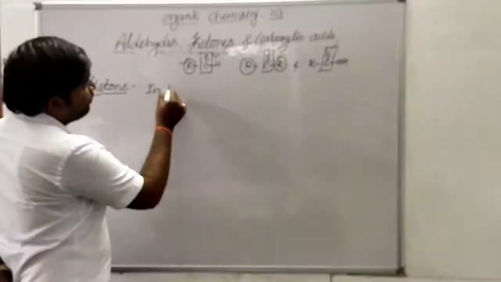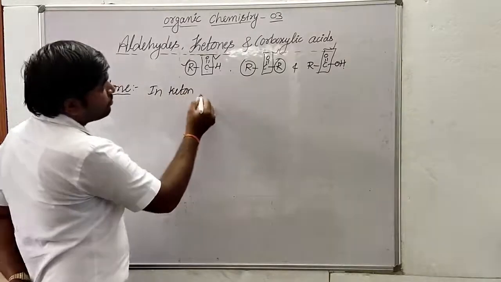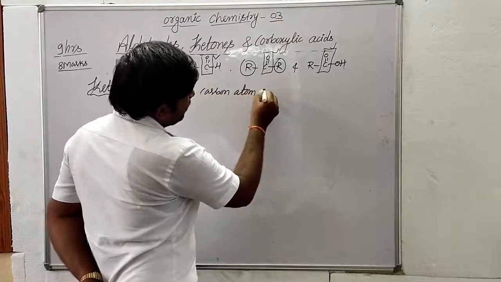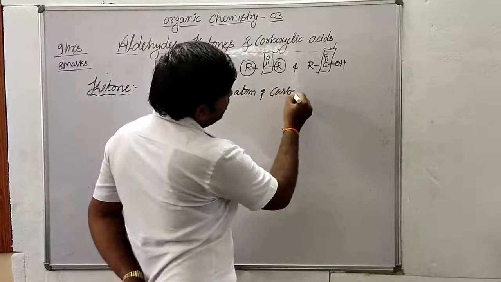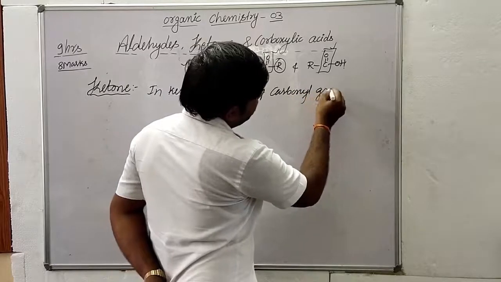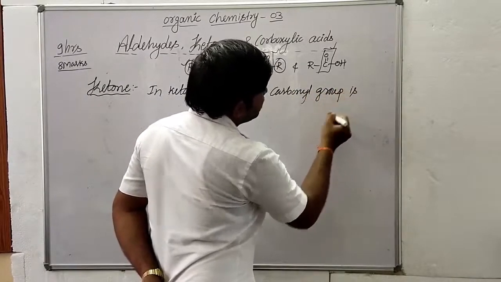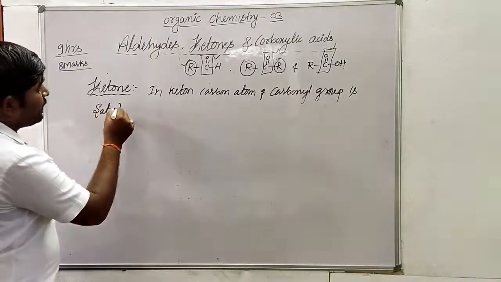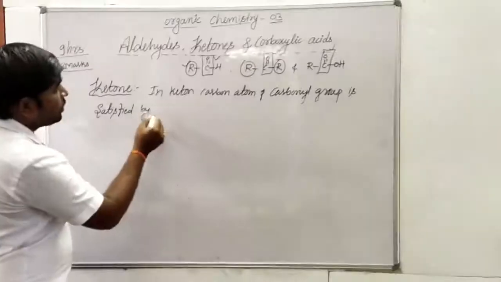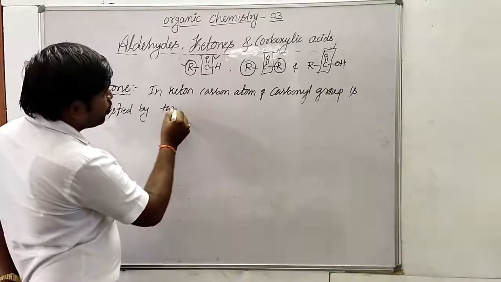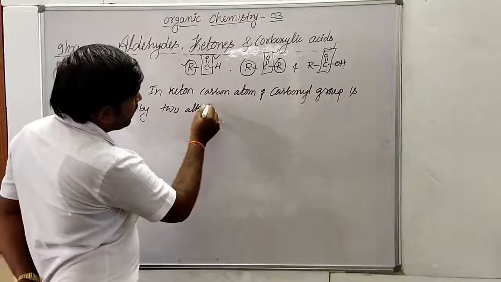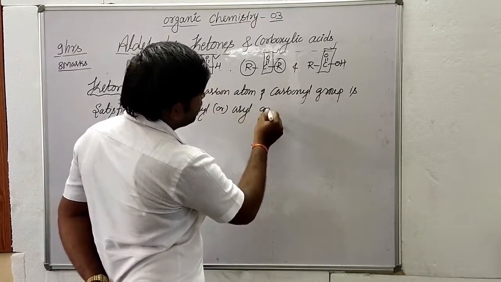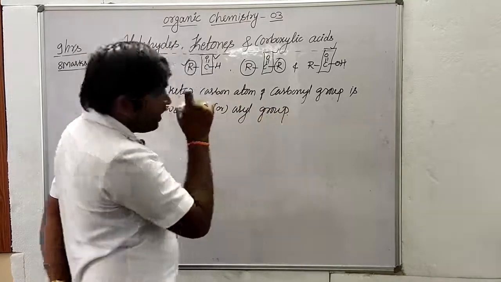In a ketone, the carbon atom of the carbonyl group is satisfied by two alkyl or aryl groups.